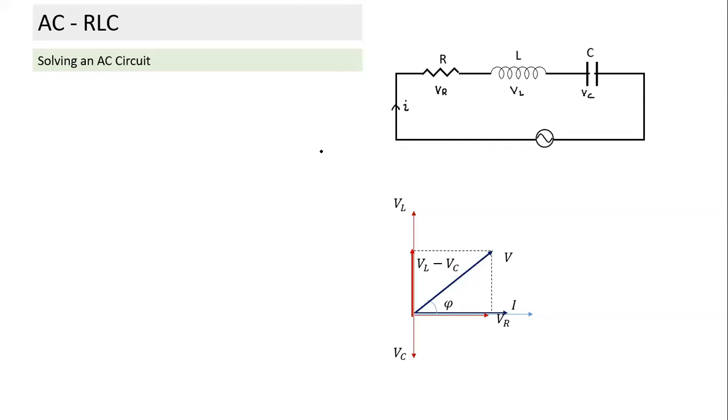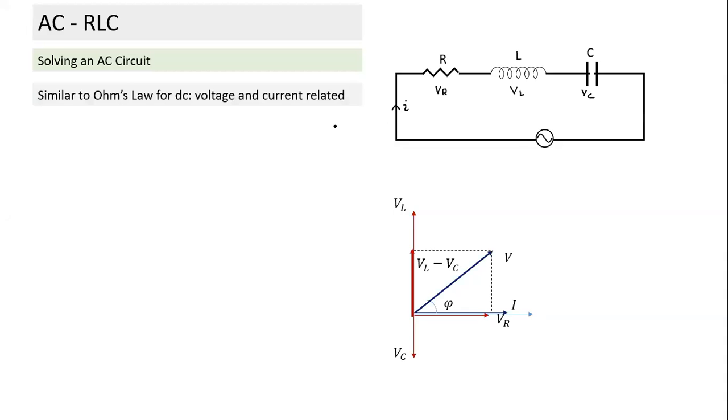And if you may recall, how do you find this one? See, the key point in the circuit is, in all cases there's a resistance element, inductor element, capacitor element. If we take them independently, the potential difference of voltage across each element and current flowing through it, sinusoidal current and sinusoidal voltage, both are related.